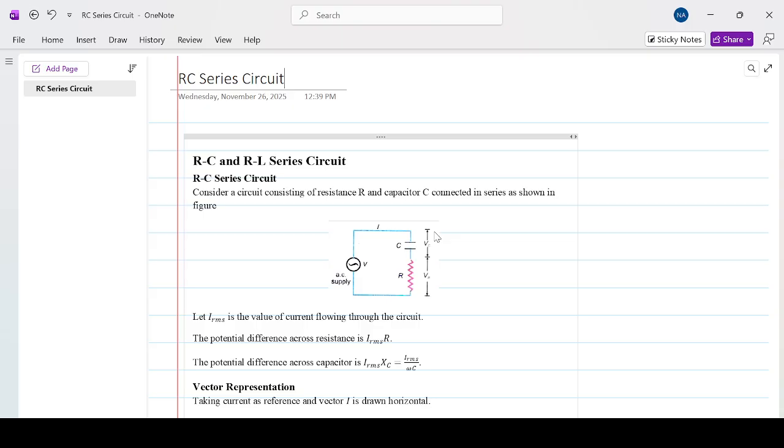So first of all, our major purpose is to find the relationship between VRMS and IRMS.